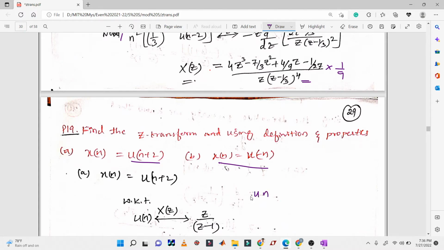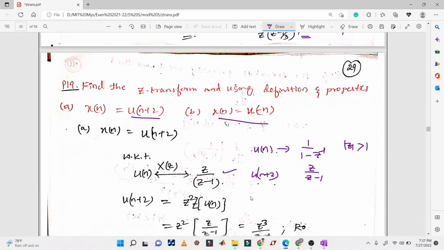U of n, z transform is 1 divided by 1 minus z inverse, z greater than 1. Now z inverse I can write as z divided by z minus 1. Same is written over here. So u of n plus 2, it is time shifting property, right? It is a time shifting property.